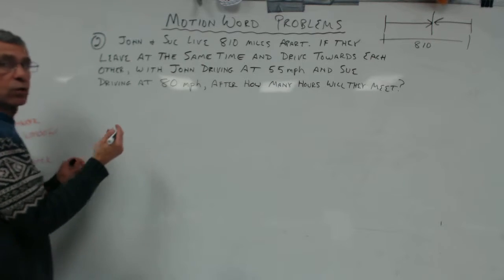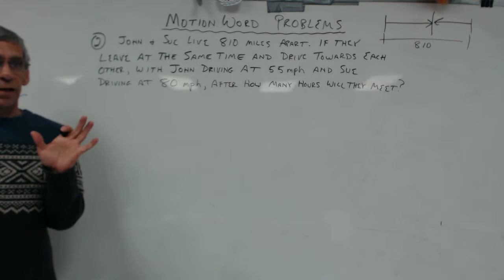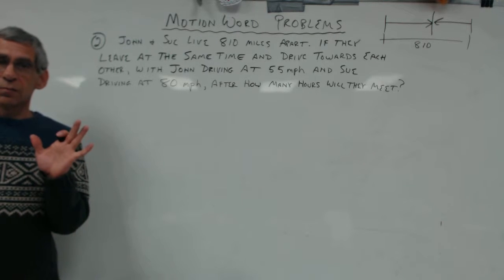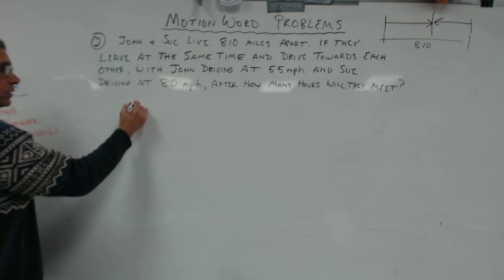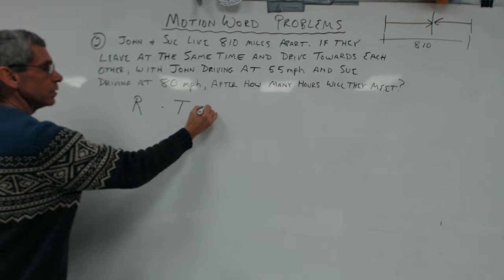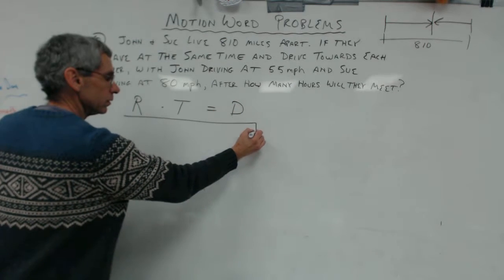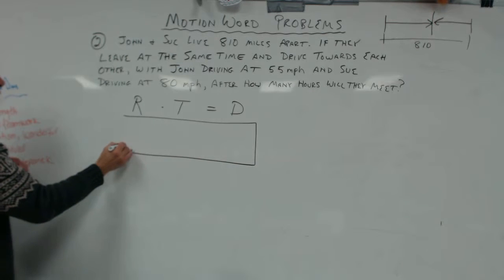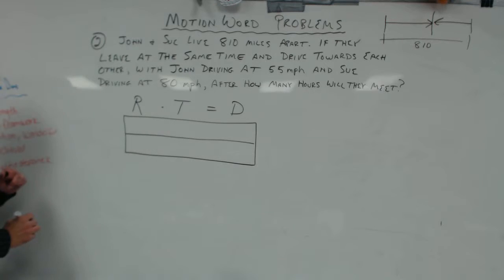All right, so let's do our box again, right? Clearly, it's going to be our rate times time equals distance again. So we're going to write rate times time equals distance. And we're going to draw our box. And we have 2 cars, so we have 2 rows.